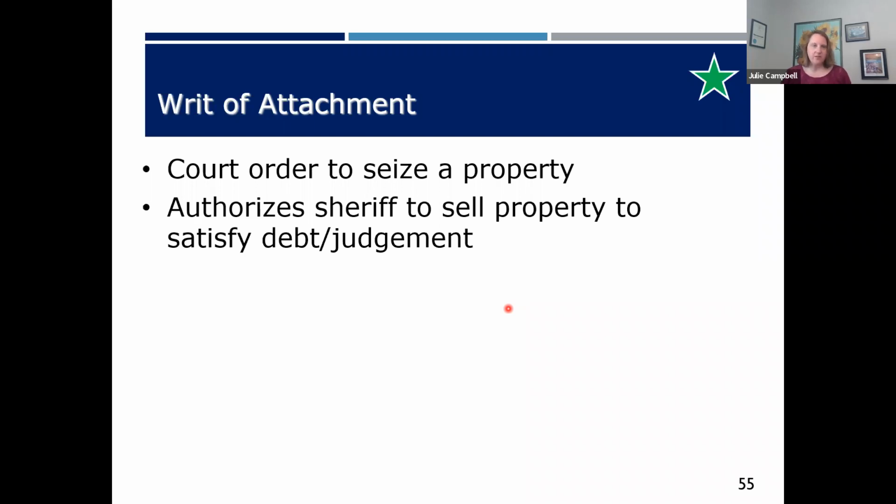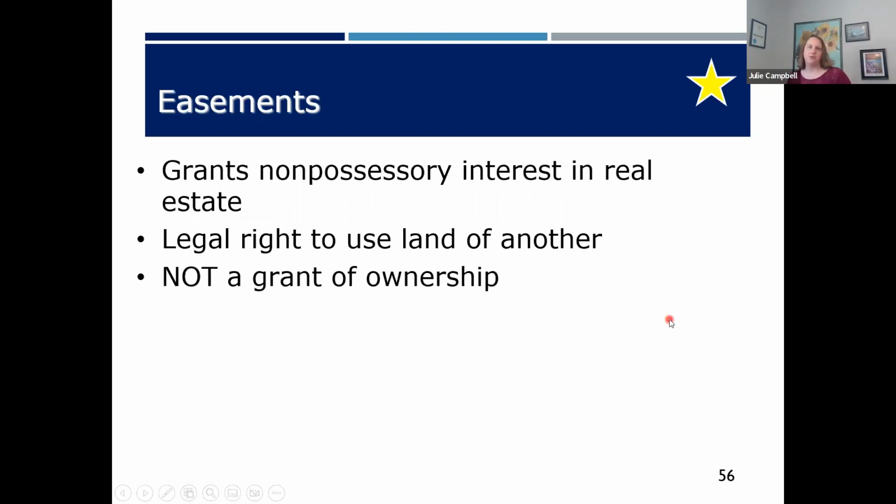Another encumbrance, something else that affects the property, and the one that we are probably the most familiar with, back to my question about if you like water and electricity and all that. How does your water and your electricity and your internet have the right to be there? It's through something called an easement. An easement is a permission for somebody else to use your land. It's not a grant of ownership.